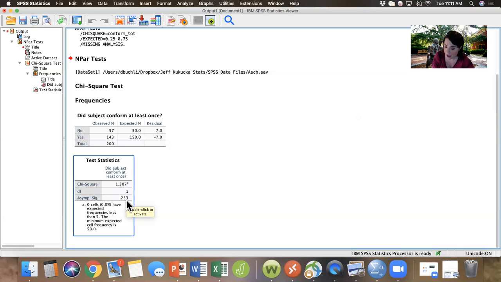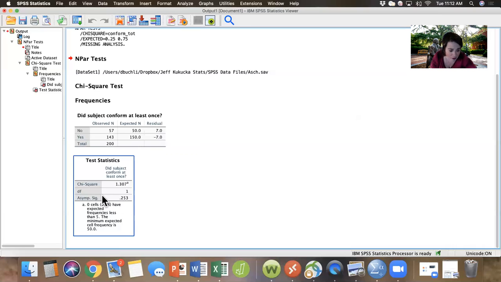So our p-value is 0.253. And our decision rule, as you know, anytime we conduct an inferential statistics test, is that if our p-value is greater than 0.05, then there is not a significant difference, and we retain the null hypothesis.